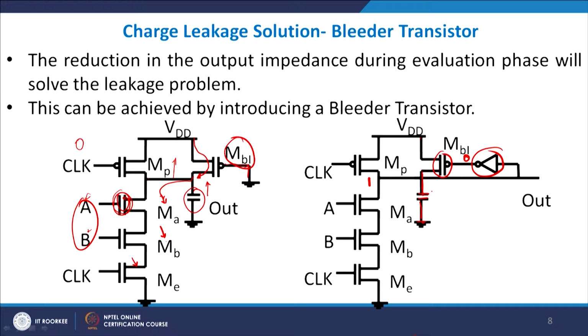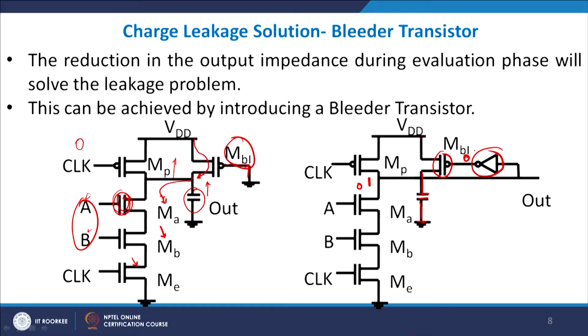You will always have a high capacitance value there. When the clock goes to 0, this becomes equal to 1, MB1 cuts off, and you enter into the evaluation phase. So, this MB1 is defined as my bleeder transistor. Bleeder means it is bleeding the charge from VDD onto the capacitance which you see in front of you.